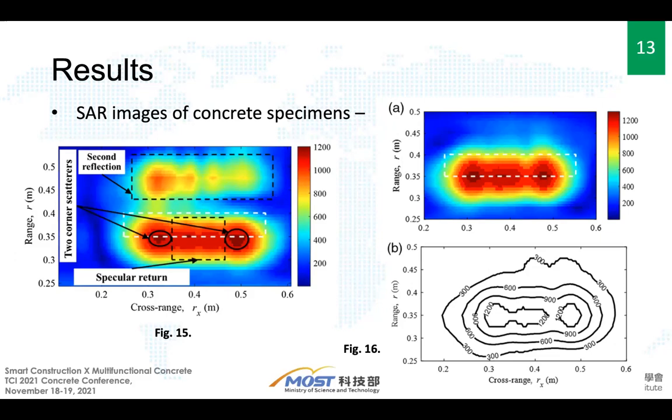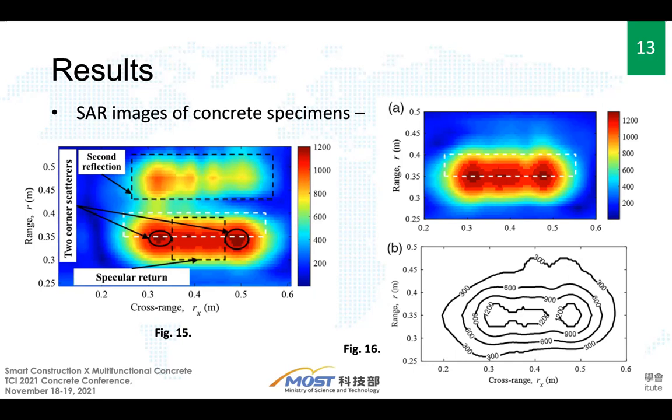If we look at the results in the SAR images of concrete specimens, first of all, we need to understand what we are looking at. Figure 15 gives an example of a SAR image of a concrete specimen. The strong specular return from the front surface of a concrete specimen will form a very strong image, with the center peak located at the front surface of the concrete specimen.